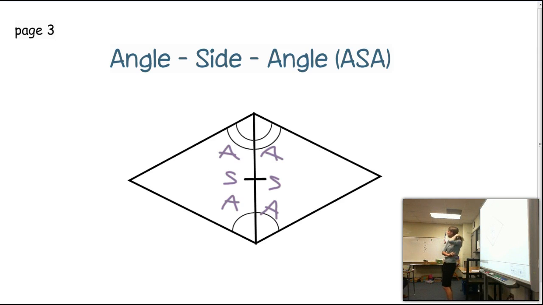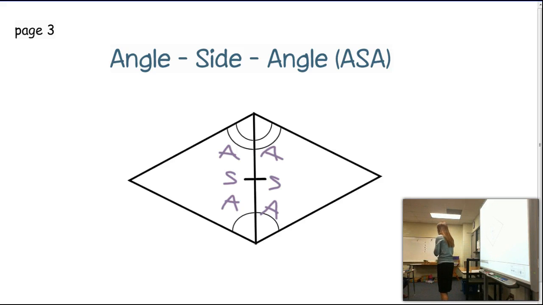And you guys know that once we prove these congruent, every piece of this one equals every piece of this one because we learned that on the first day. Once we know the triangles are congruent, then the matching pieces all equal. So this one is literally the identical twin of this one.